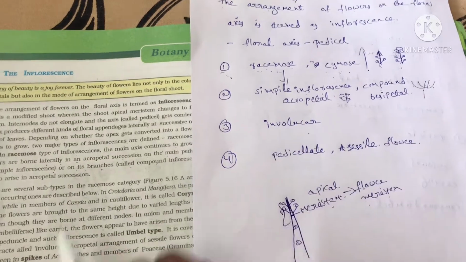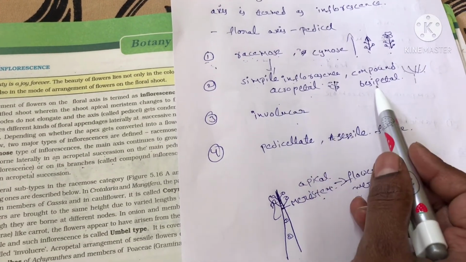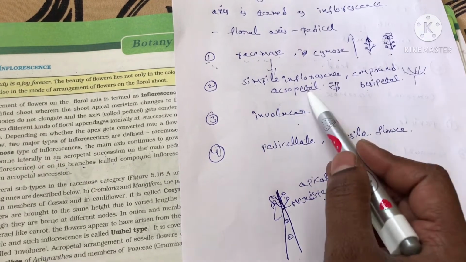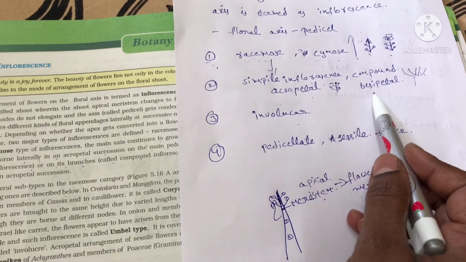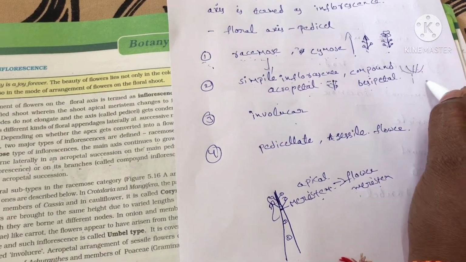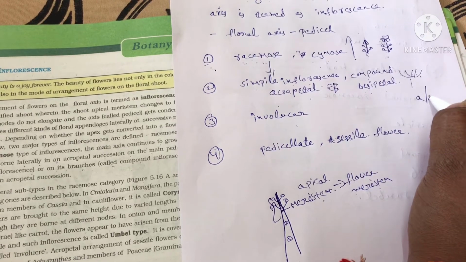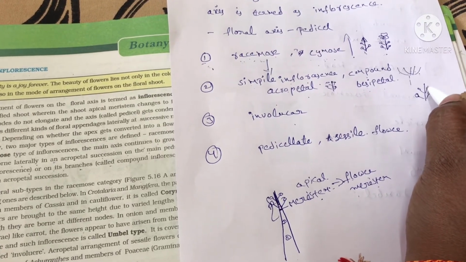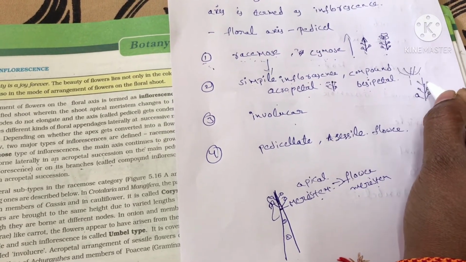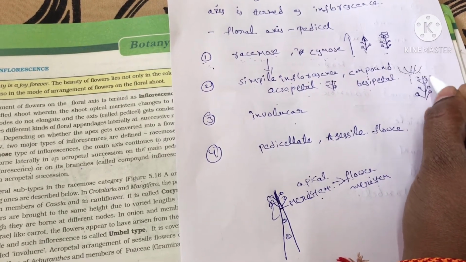Lateral branches occur. Then acropetal development and basipetal development are seen in the flowers. Acropetal development means first the basal flowers are developed, later the apical region flowers are developed.